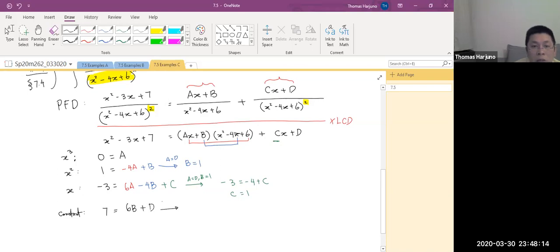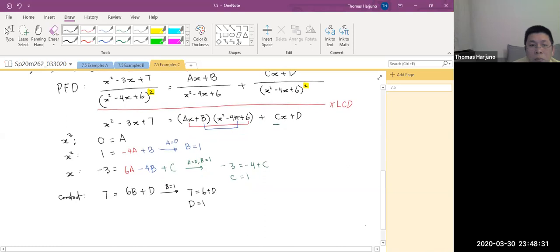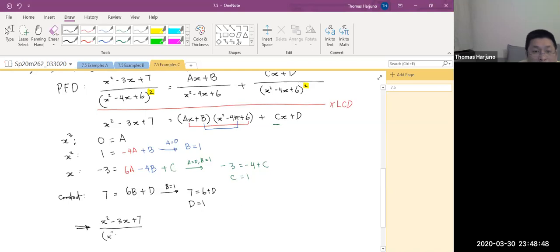But again, because b is equal to 1, we get 7 equals 6 plus d. d equals 1. Therefore, x squared minus 3x plus 7 over x squared minus 4x plus 6 squared is equal to 1 over x squared minus 4x plus 6, plus x plus 1 over x squared minus 4x plus 6 quantity squared.